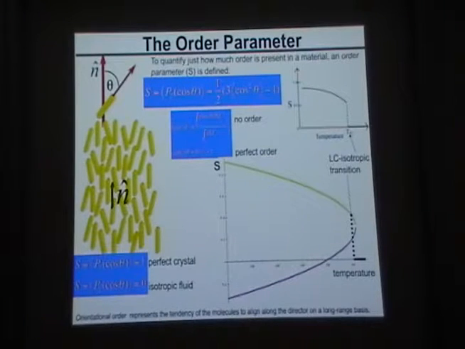It's director because you cannot distinguish the head and tail in here, right? Because the liquid crystal phases such as nematic phase have non-polar symmetry. Now the other characteristic that's very important for liquid crystals is the orientational order parameter, which we'll denote as S in here.